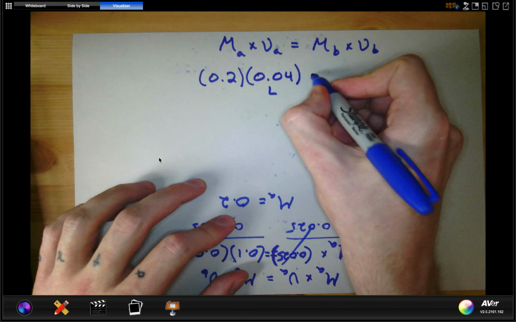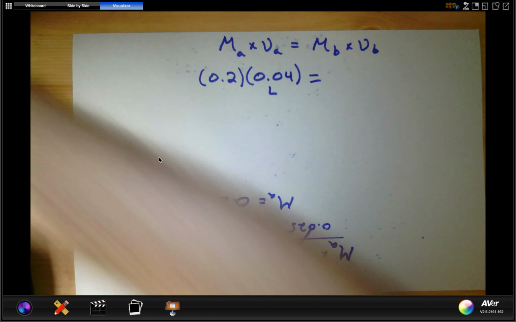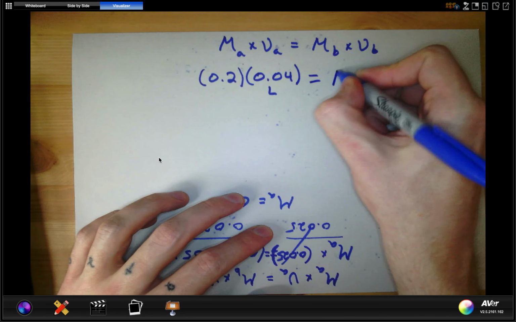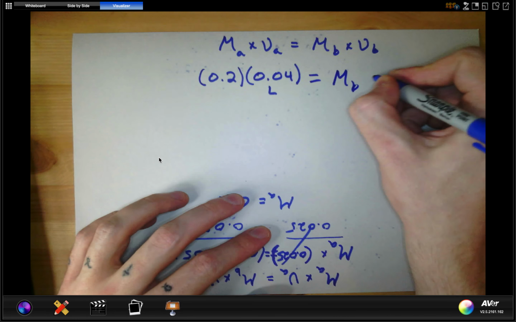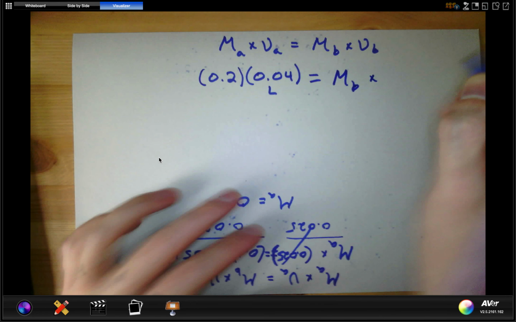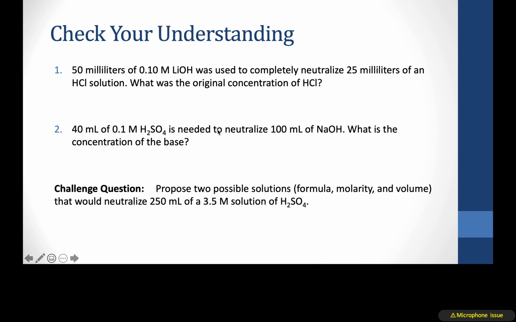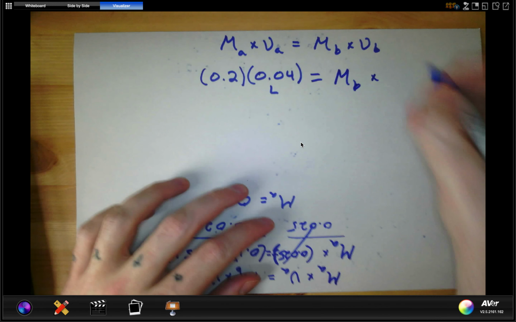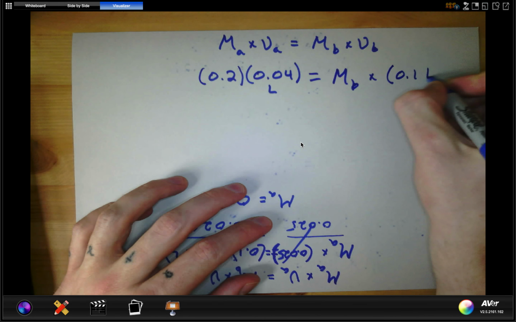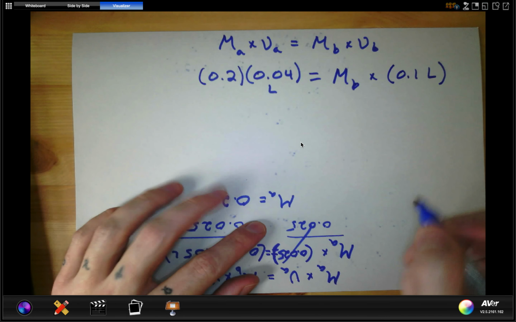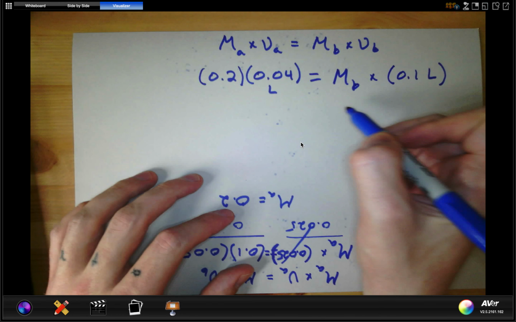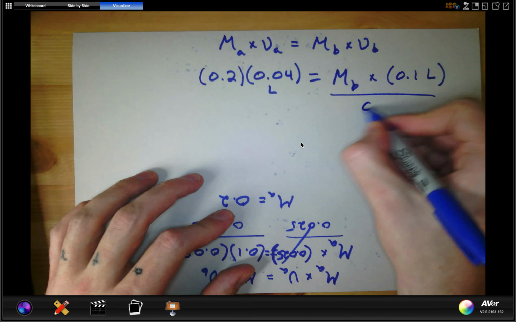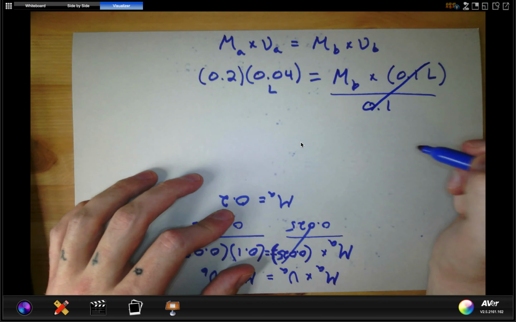Sorry about that. Okay, and I think it said we're coming up with the concentration of the base, so it must have given us the volume, which is 100 milliliters, which is the same as 0.1 liters. Okay, so now it's similar, except we're solving for this guy. So we want to divide this side by 0.1, cancels that out.